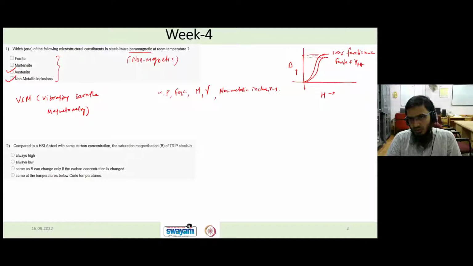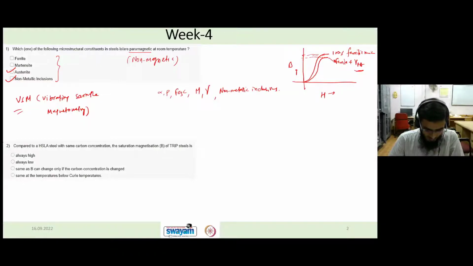This will be the saturation magnetization for the microstructure containing retained austenite. This is how VSM identifies the presence of non-magnetic elements. So the right answer for question number 1 is austenite and non-metallic inclusions.